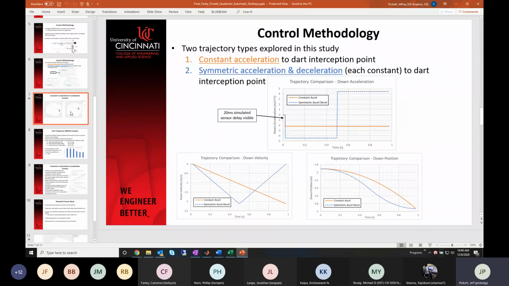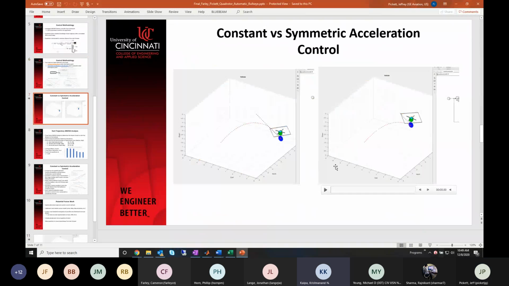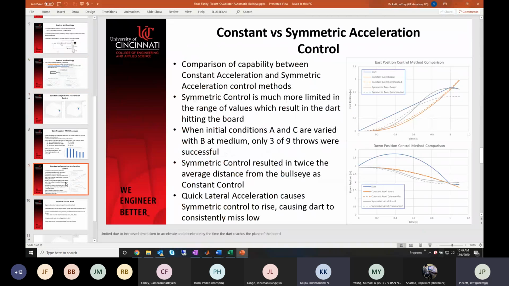Yeah, essentially, if you go down a couple slides, this one. So yeah, that one. Really, the constant acceleration was able to catch all 9 of the throws that I designated here in the comparison, versus the symmetric acceleration only being able to catch 3 out of the 9.